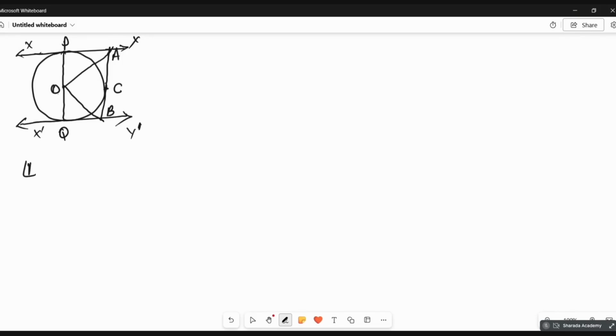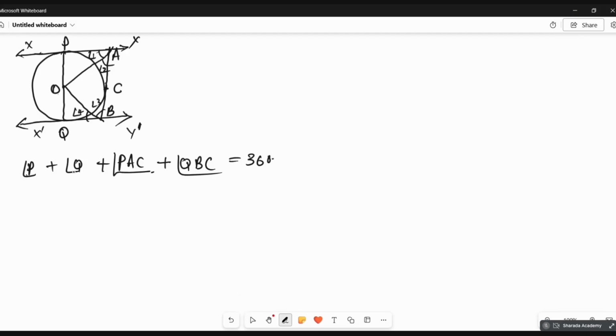So, what we have is angle P plus Q plus PAC angle plus QBC angle is equal to 360 degrees. PAC I can take as angle 1 plus angle 2, and QBC is angle 3 plus angle 4.